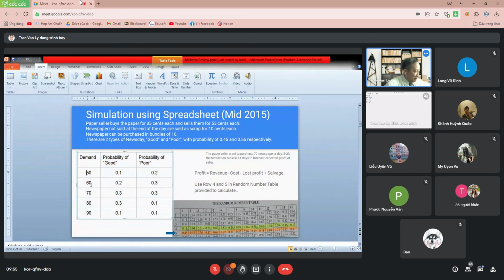The demand will be here, with the probability in case of good and in case of poor in the 2 next columns. Okay, do you have any idea? Duy?